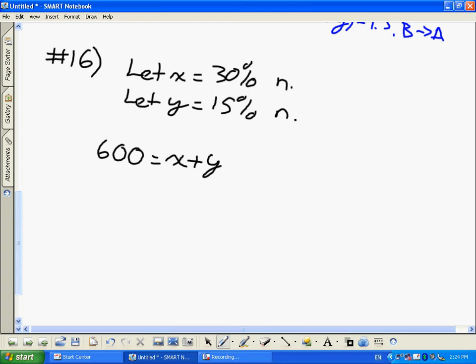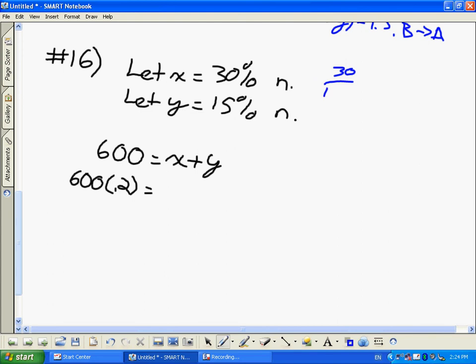So what we actually have to do is multiply 600 times 0.2. So our second equation will be 600 times 0.2 is equal to, now 0.2 is 20% as a decimal. That's why I've used the number 0.2.